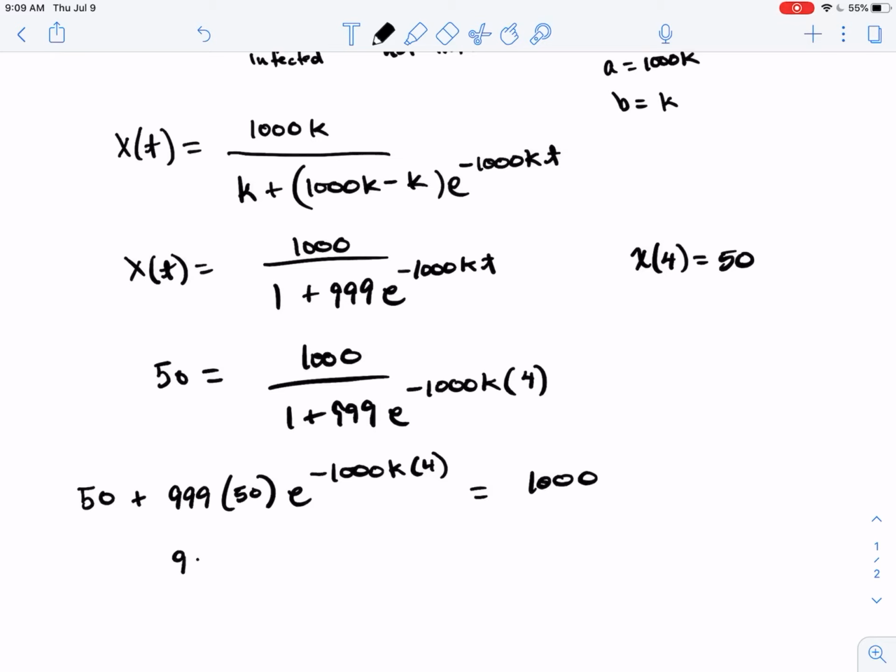So we'll have 999 times 50 e to the negative 1,000 k times 4 equals that 950 if I subtract the 50 to both sides, and it would look like that.